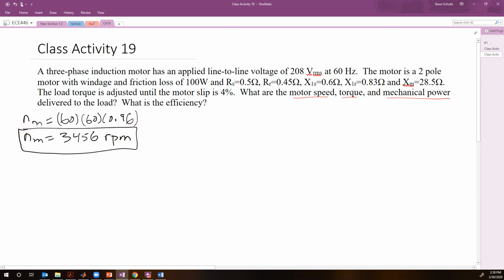Now going after torque. So let's list up what the steps are in figuring out what the torque is. One, equivalent circuit. Two, we're going to divide up our equivalent rotor resistance.